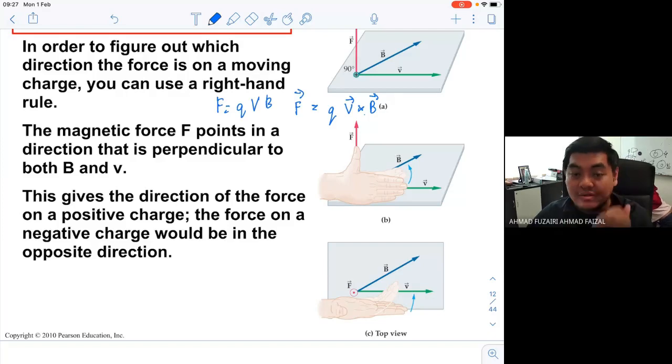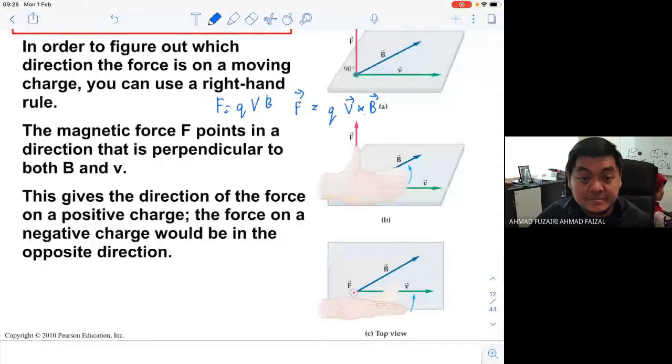To your right is positive x, to your left is negative x. To the top is positive y, and to the bottom is negative y. Going to the front is positive z, and going to the back is negative z.